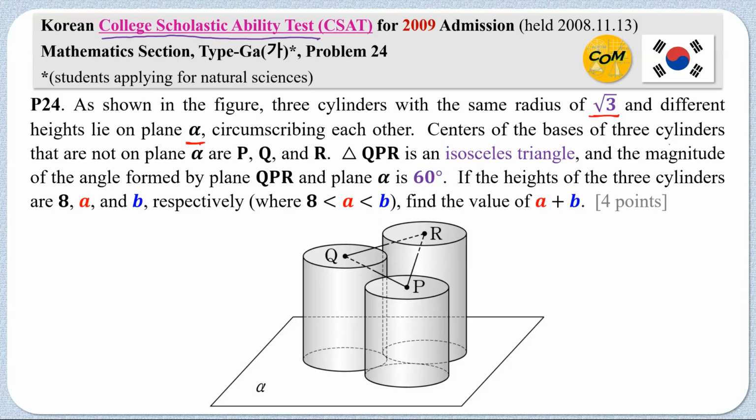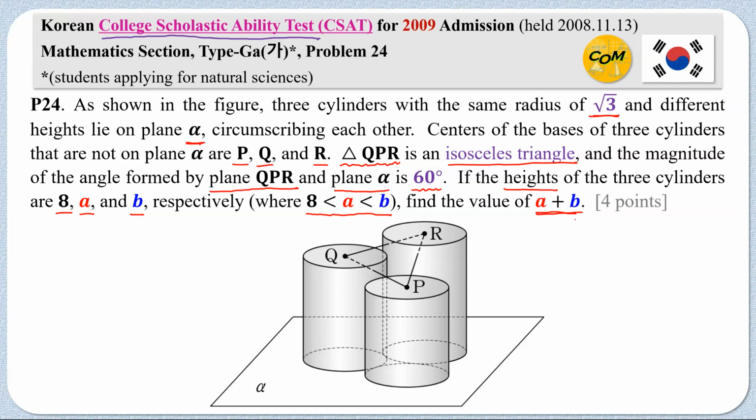Centers of the bases of three cylinders that are not on plane alpha are P, Q, and R. Triangle QPR is an isosceles triangle, and the magnitude of the angle formed by plane QPR and plane alpha is 60 degrees. If the heights of the three cylinders are 8, a, and b respectively, where 8 is the smallest number and b is the largest number, find the value of a plus b.